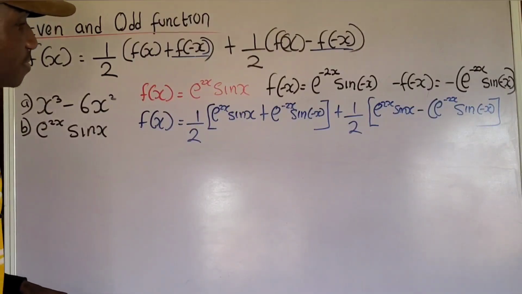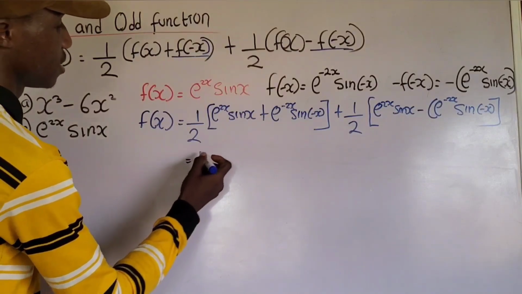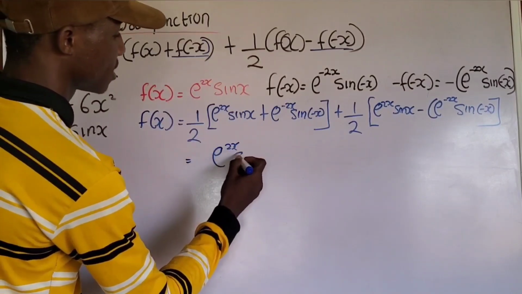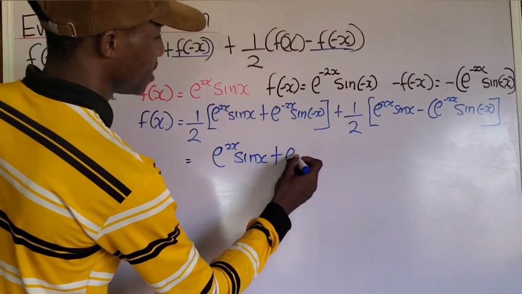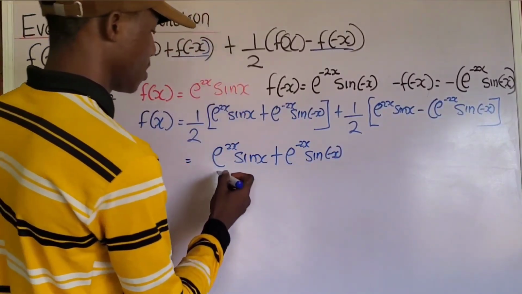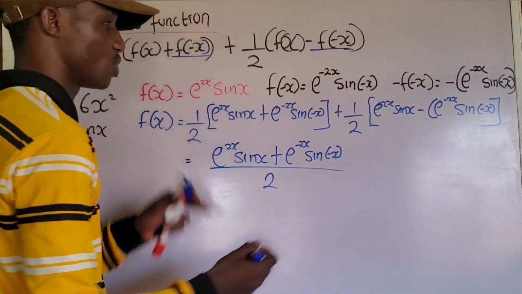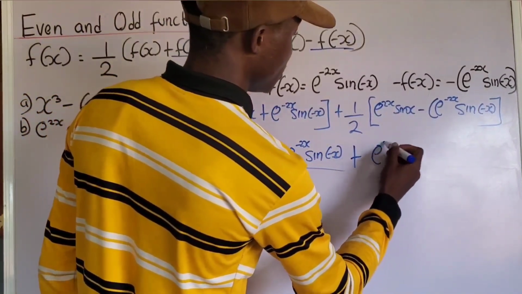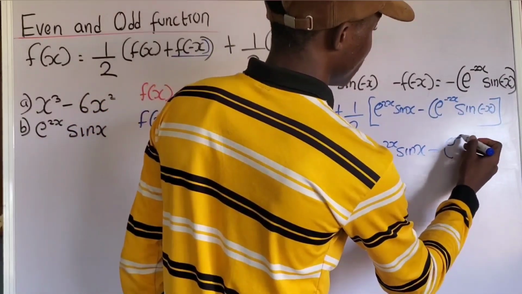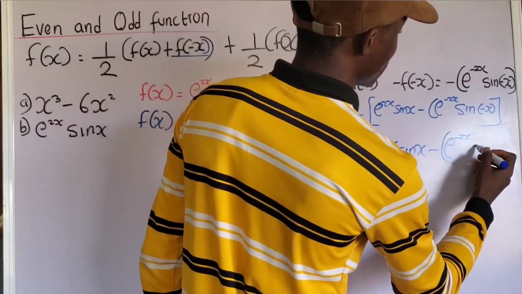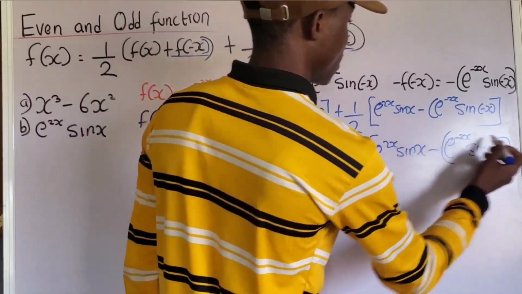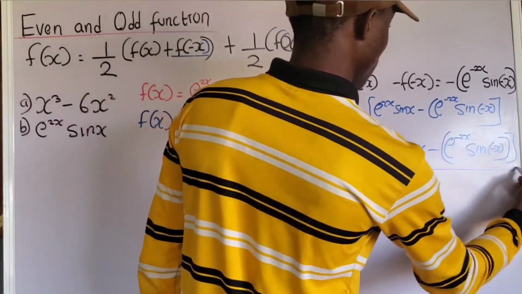Now, x sin x plus (-x) sin(-x), this all over 2, don't forget this 2, plus x sin x minus (-x) sin(-x), all over 2.